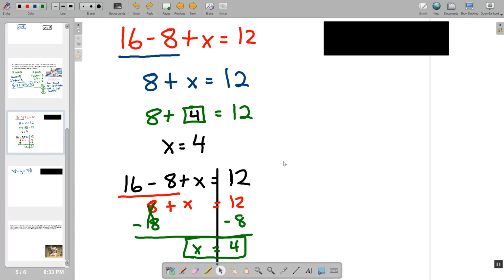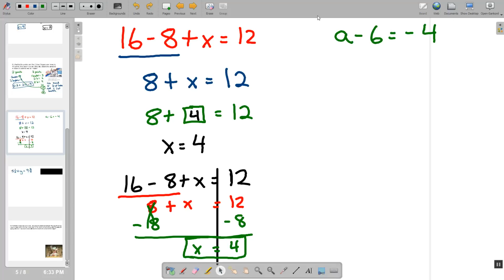For the next problem, I have a minus 6 equals negative 4. So something minus 6 is equal to negative 4. What I need is a number that is 6 to the right of negative 4 on the number line.